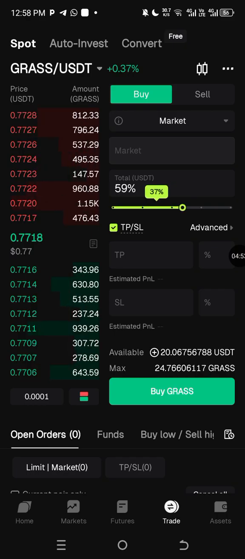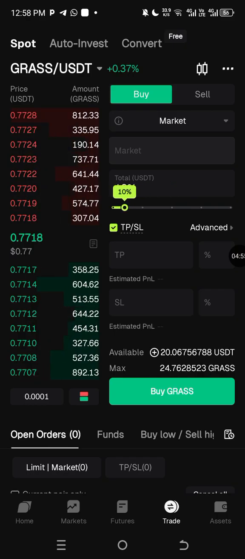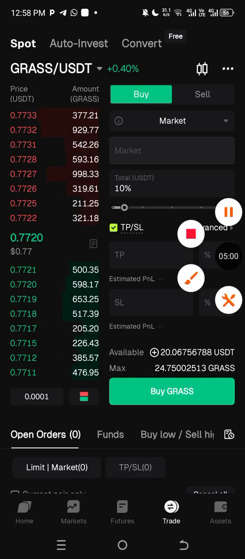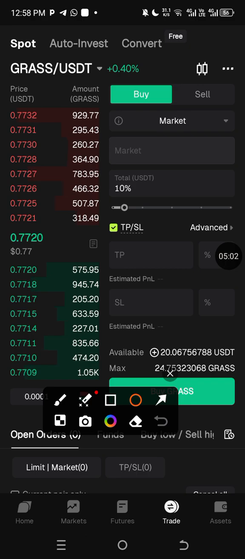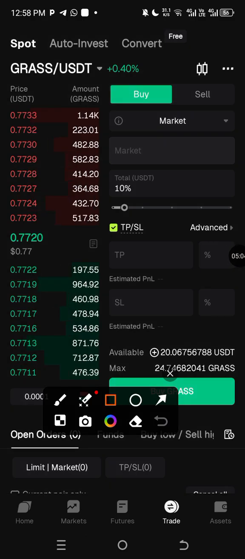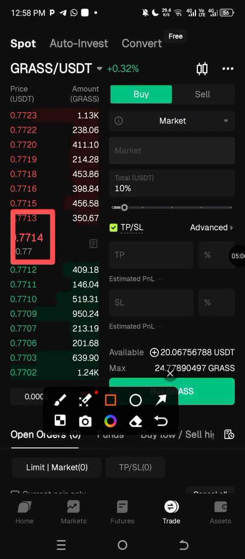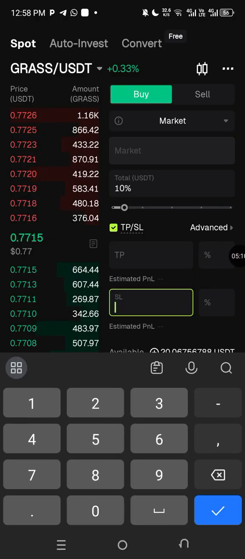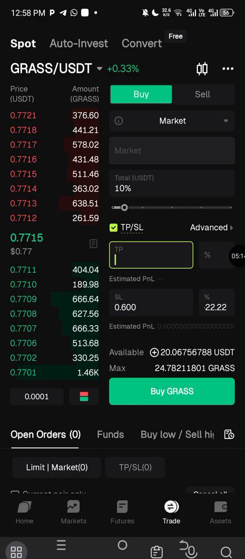All right, so I want to buy with, let's say, 10%. This is the current price. So my stop loss, I want to say if price gets down to 0.600, stop me on this trade.